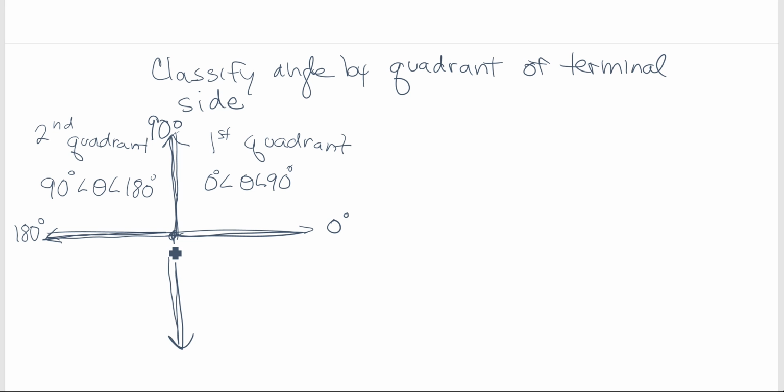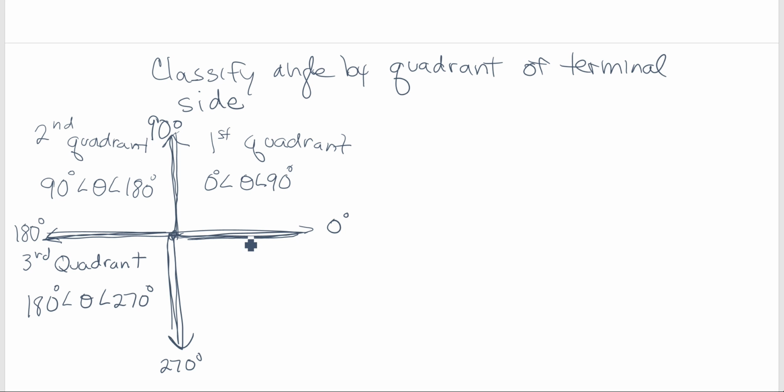Instead, if my terminal side going around this way were on the negative y-axis, it would be 270 degrees. And so if we're in the third quadrant, it would have as its measure something between 180 degrees and 270 degrees.